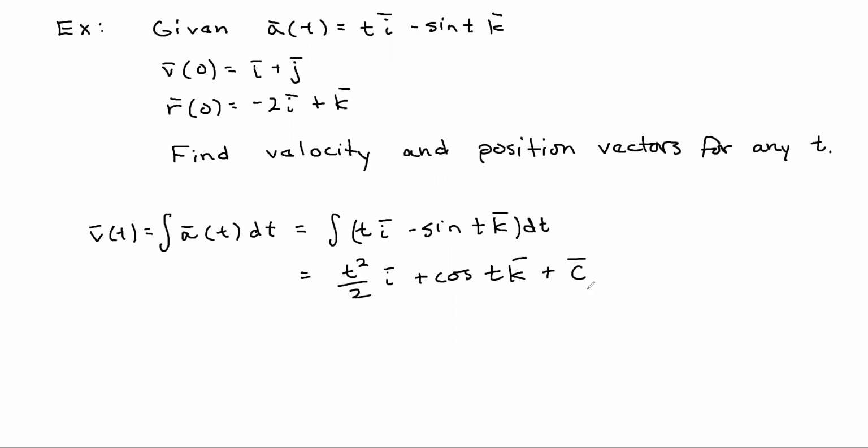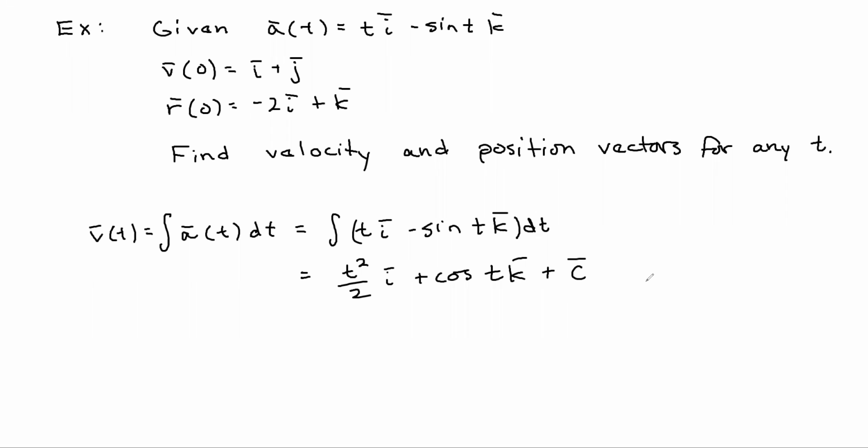Putting a plus c like this enables us to handle constants multiplied by i, j, and k all at the same time. If you wanted to, you could do plus ci plus dj plus ek and split up the components, but nobody does that.